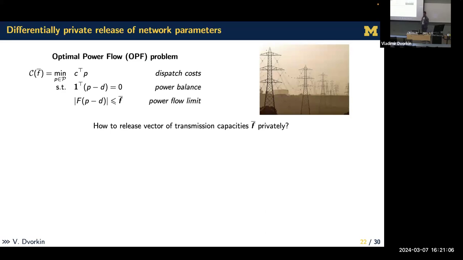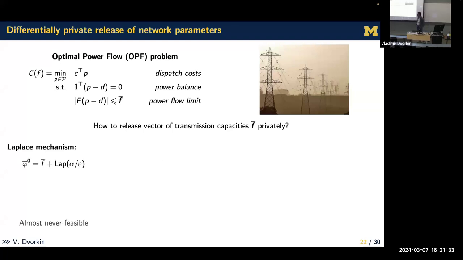For that, we need a reference optimization problem, which is an optimal power flow problem that takes information from the grid, like cost, demand, transmission capacity, and maps it into cost optimal dispatch. This problem is solved daily in the practice of system operators, and this parameter is unknown to us. So we want to produce a synthetic version of it using this problem as a reference for the quality of synthetic data.